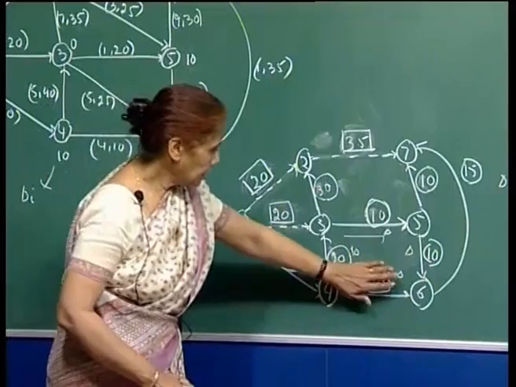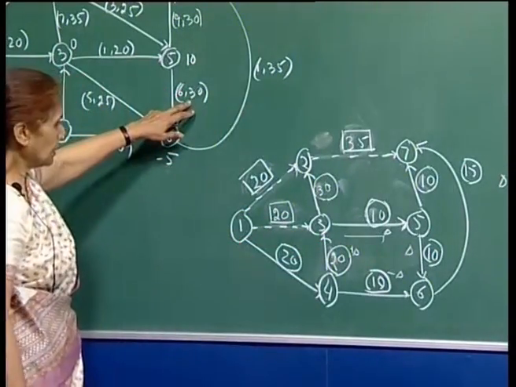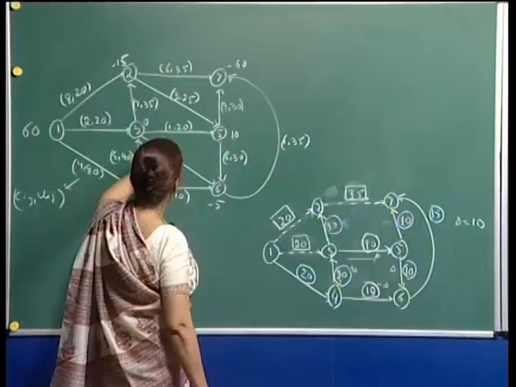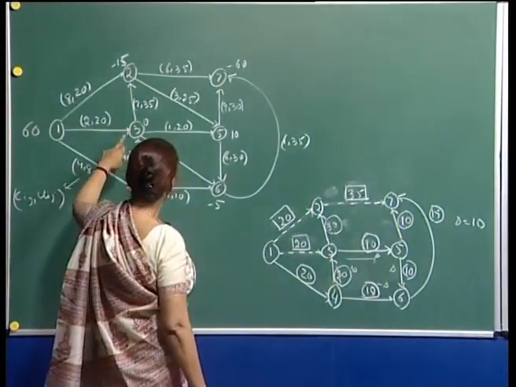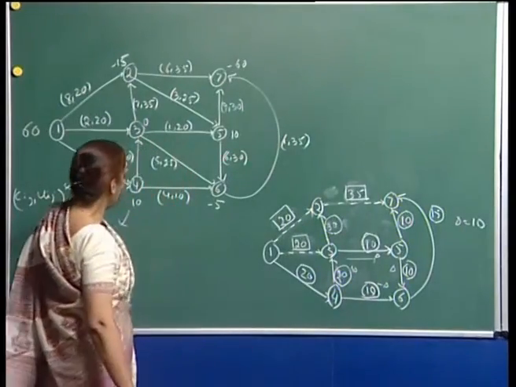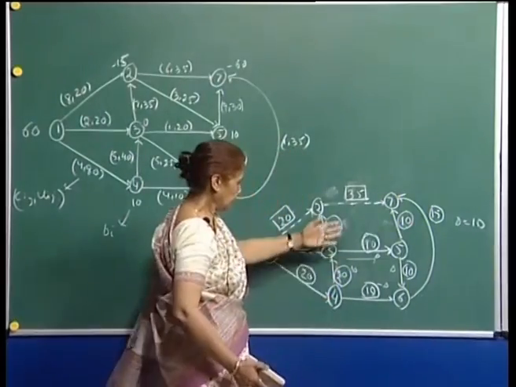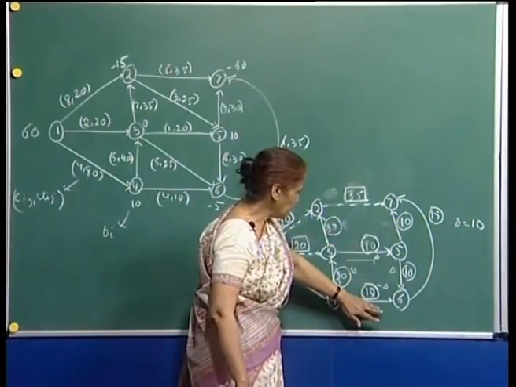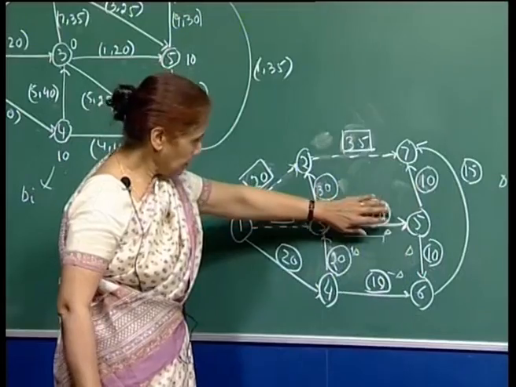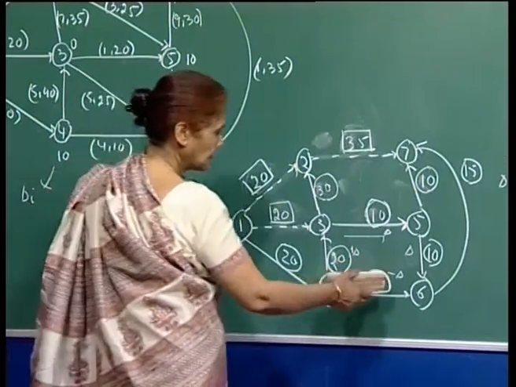So this arc will get removed because delta is 10. See, 5 6 the limit is 30, so fine. For 3 5 it is 20, so delta can be 10, and 4 3 there's plenty of scope because the upper bound is 40. So I can choose delta to be 10, and again you have the choice of either making this non-basic or this non-basic, because this will be non-basic at its upper bound and this will be non-basic at 0 level. So let us do that, right.